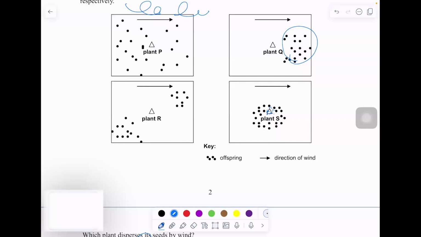This creates a colonization that looks nearly the same as the original position of the parent plants. And if it is spread around or different from the wind direction, then there could be a high chance of insect pollination.